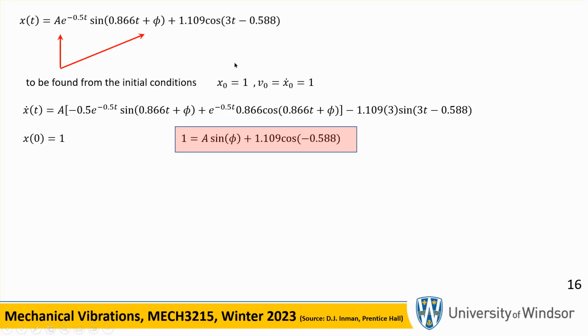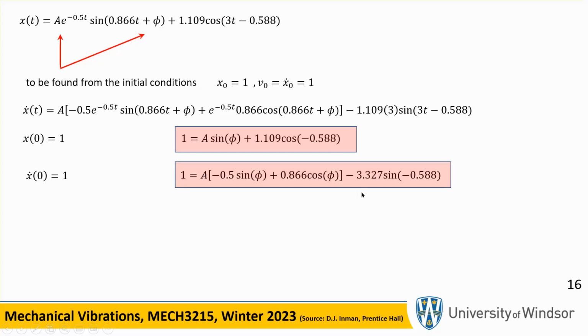So when you do the first one, when t is 0, x naught is 1, you just plug it in. This is what you're going to get. This will give you that equal to 1. And when you plug t equal to 0 into this expression, and set it equal to 1, because you're told that it is equal to 1, you're going to get this.